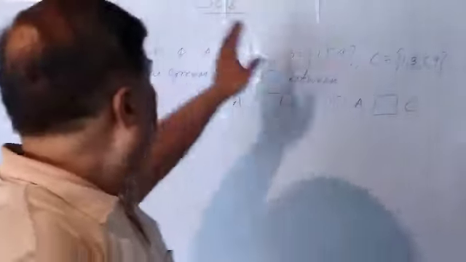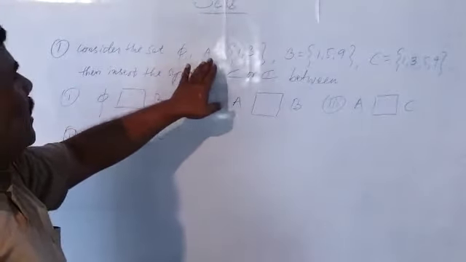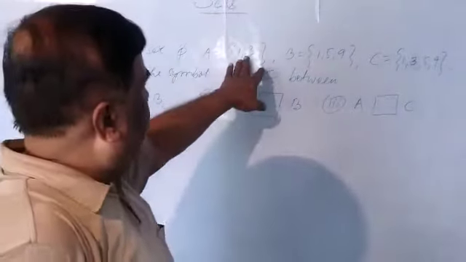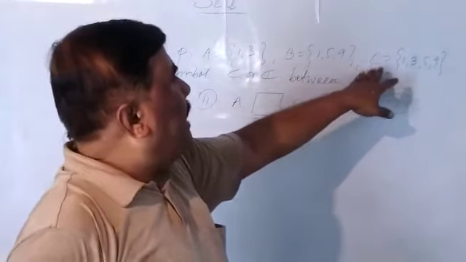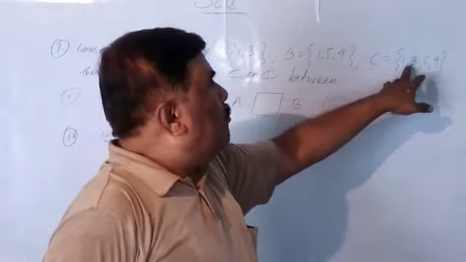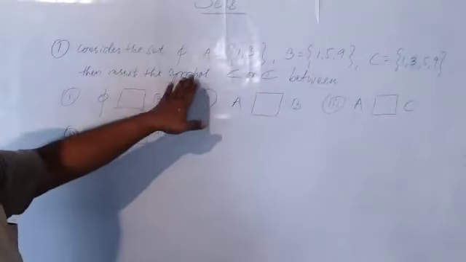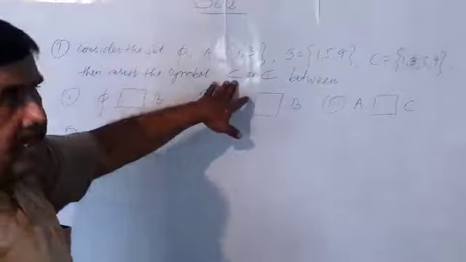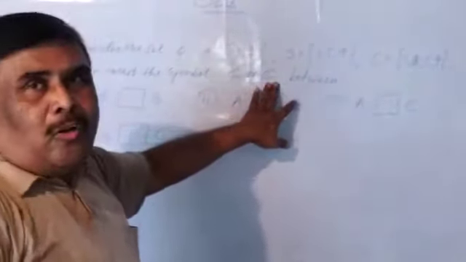Here we come to a question. Consider the sets phi, A where the elements of A are 1, 3, B where the elements of B are 1, 5, 9, and C where the elements of C are 1, 3, 5, 9. Then insert the symbol for subset or not a subset between these.